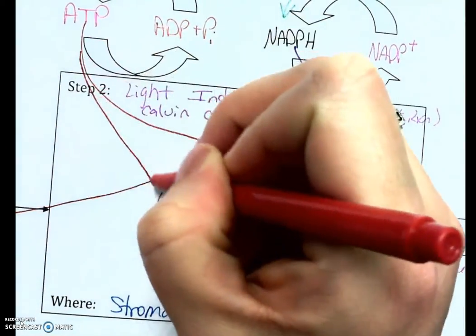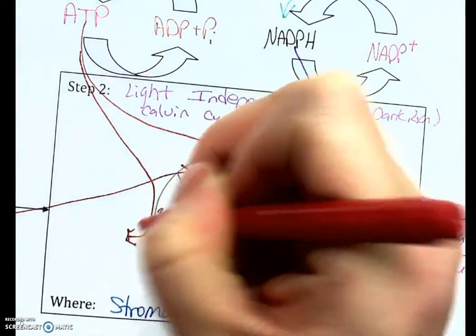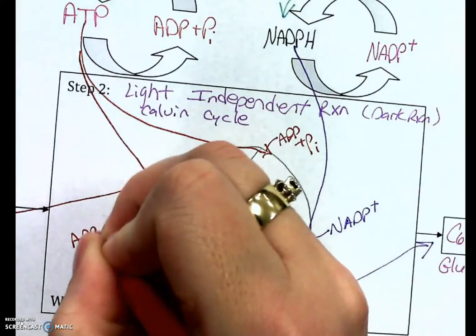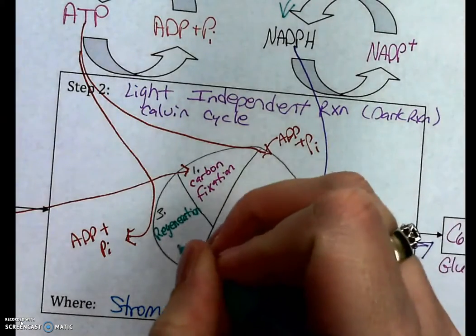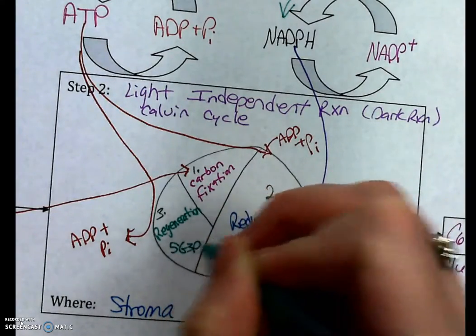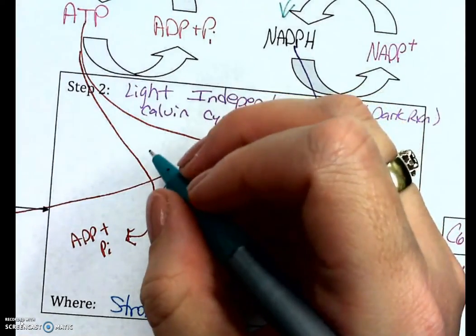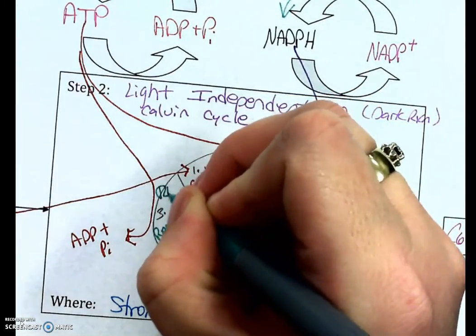More ATP comes in to the regeneration phase to be used for energy, which leaves ADP plus a free-floating phosphate as the end result. And here, those 5 G3P will meet up with RuBP.